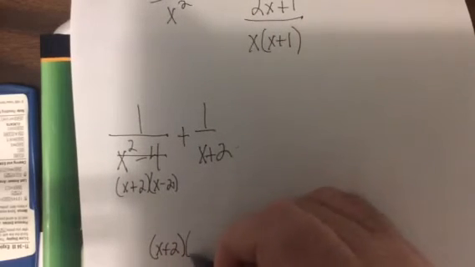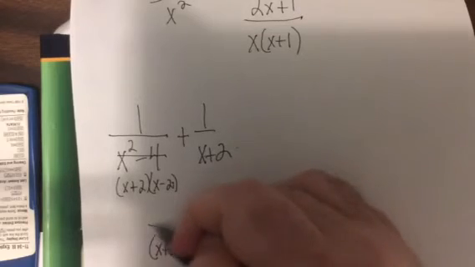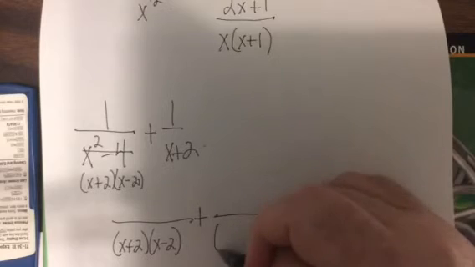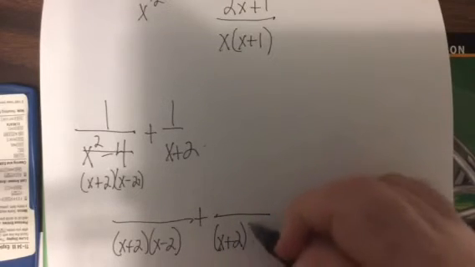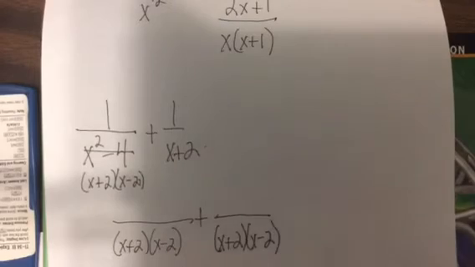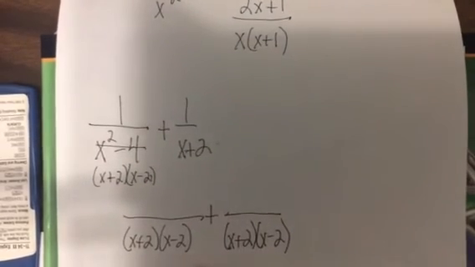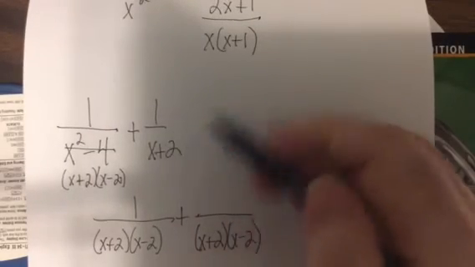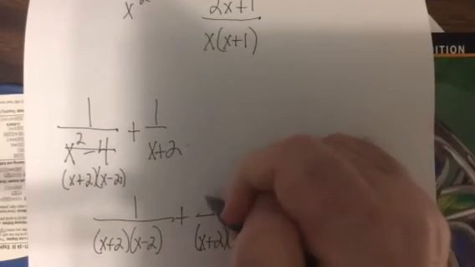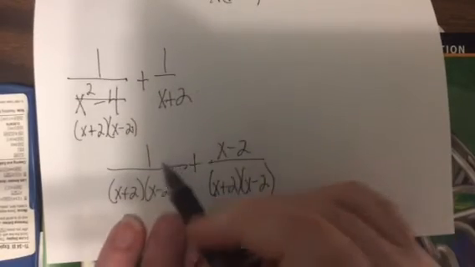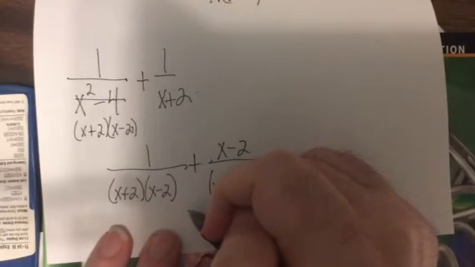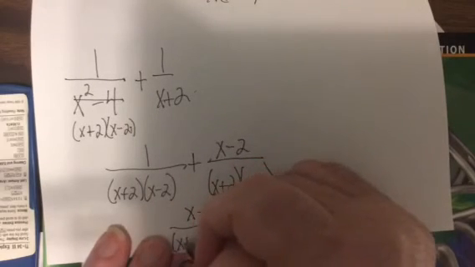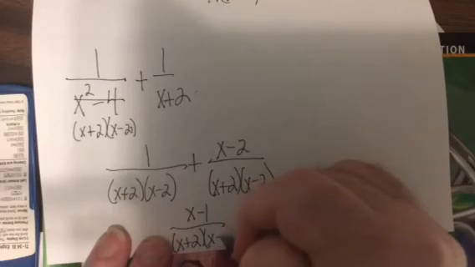Don't even have one there. So x plus 2, x minus 2. So we have 1. Here we're missing the x minus 2, so you've got to multiply it to the top. Then we combine the top, so it would be x minus 1 over x plus 2, x minus 2.